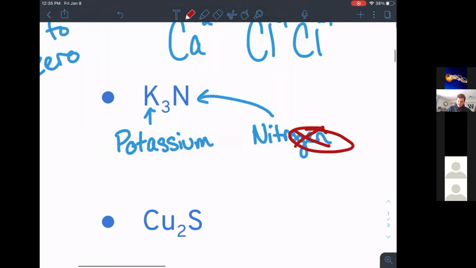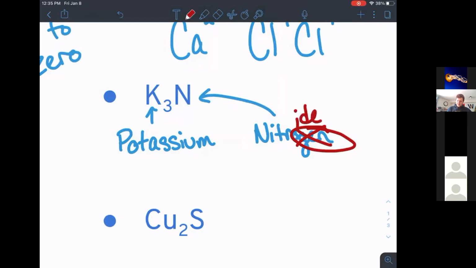IDE. Perfect. So it's going to be nitride instead of nitrogen. The second thing, which sometimes is easy, sometimes a little more difficult, is we have to look at that first element. Is that potassium a transition metal? Is it in groups 3 through 12?